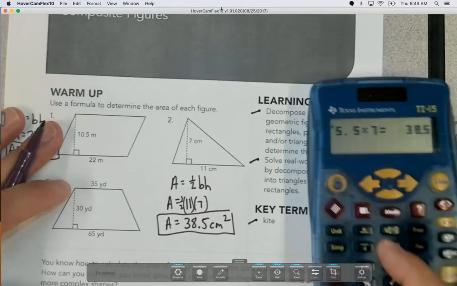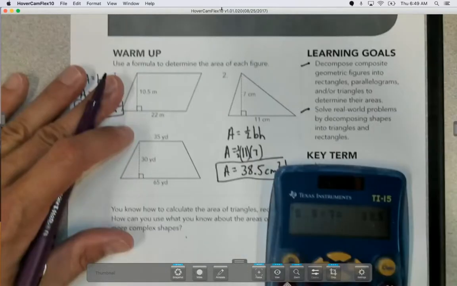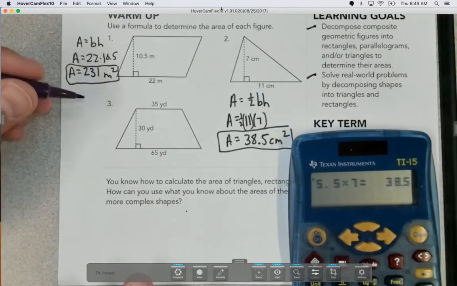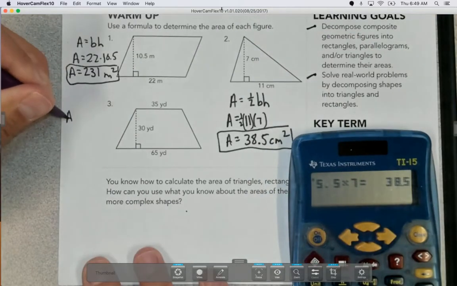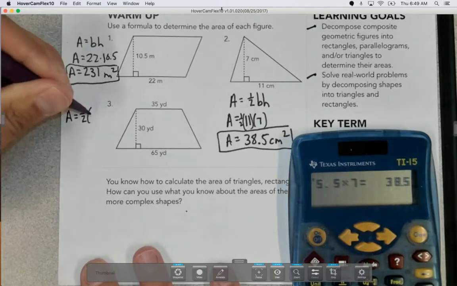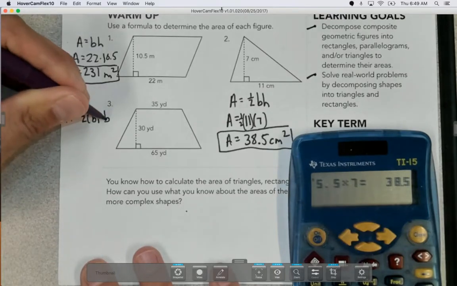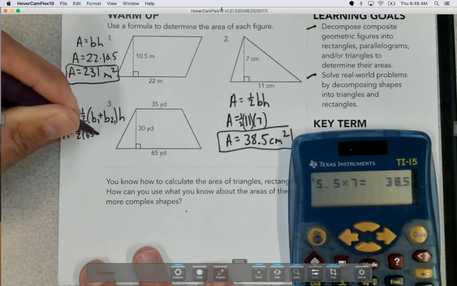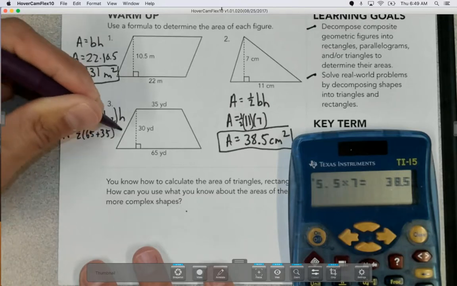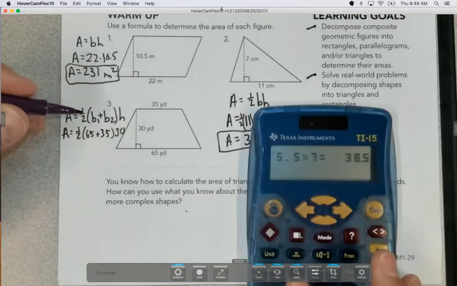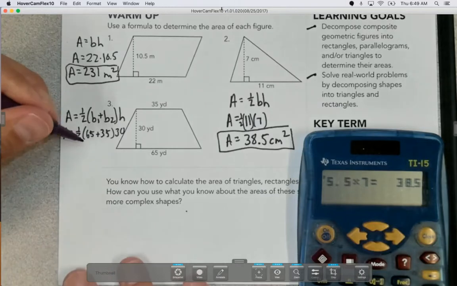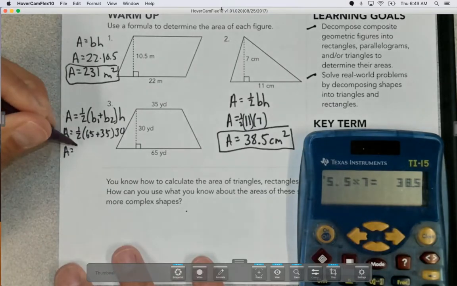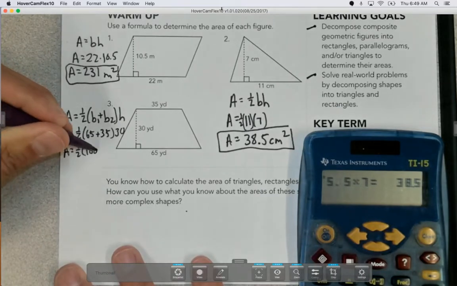For the trapezoid, the formula is 1/2 of base 1 plus base 2 times the height. For that, I take base 1, 65, plus 35, and I multiply that by 30. 65 plus 35 is going to be 100. So it'll be 1/2 times 100 times 30.